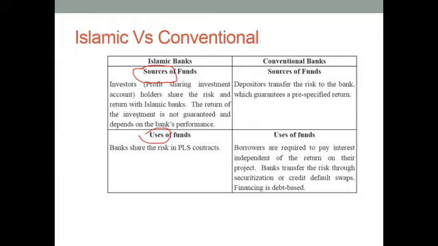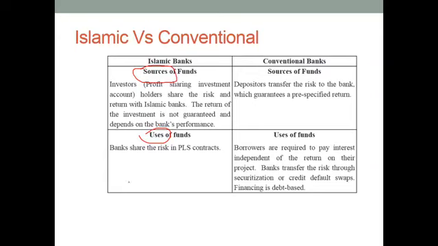For Islamic banks, the sources of funds are from profit sharing investment accounts. Investment account holders share the risk and return with Islamic banks. The return of the investment is not guaranteed and depends on the bank's performance.